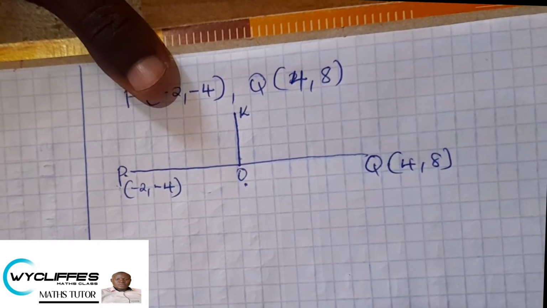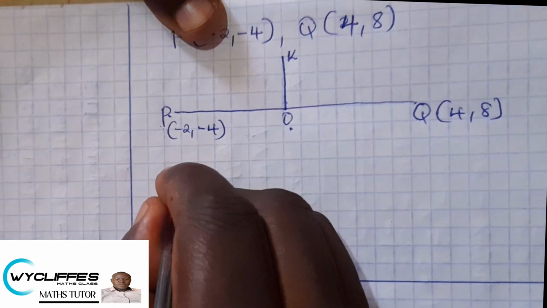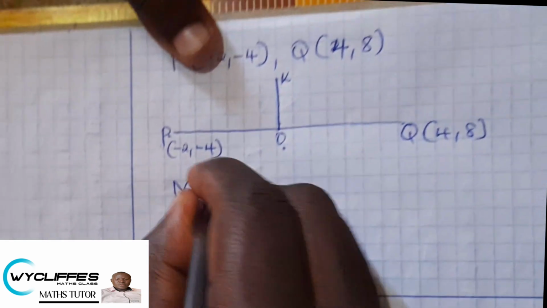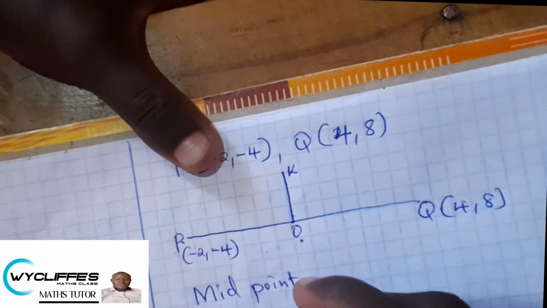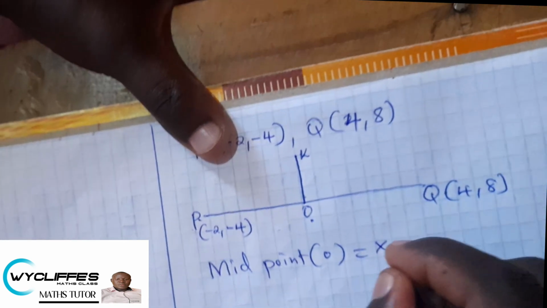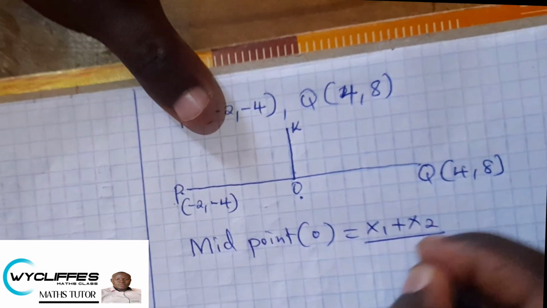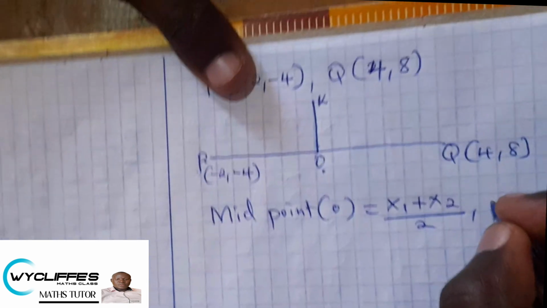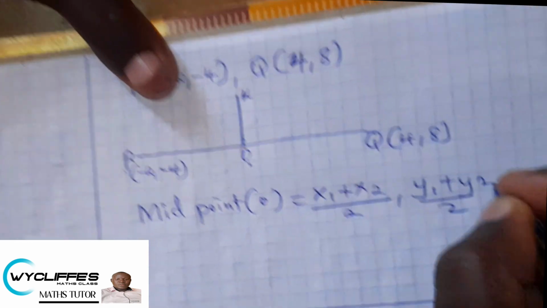To find the midpoint, this is the formula. The midpoint, that is O, is obtained by (x1 plus x2) over 2, comma, (y1 plus y2) over 2.